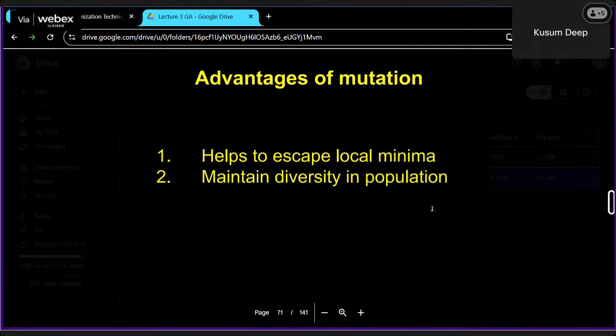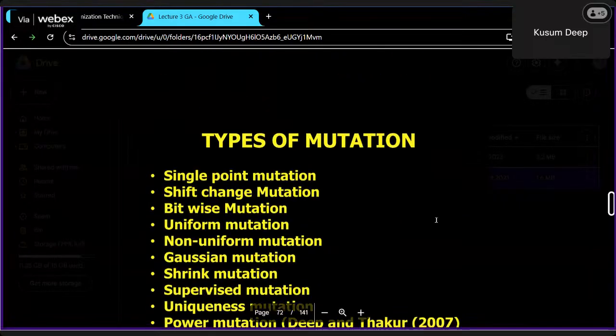So the advantages of mutation are that it helps to escape local minima and maintains the diversity in the population.